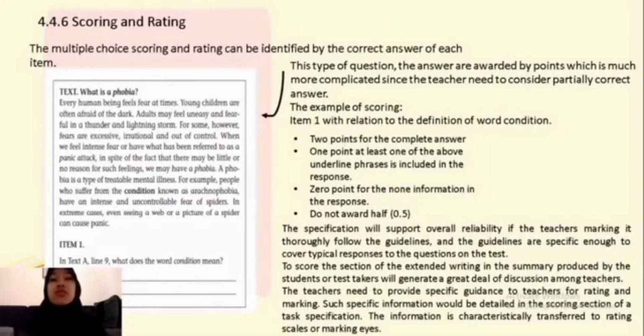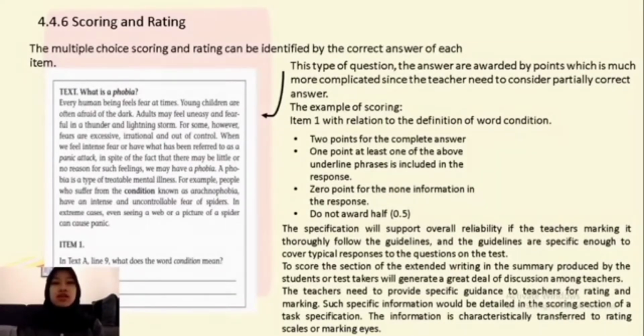For example, 2 points for the complete answer, 1 point at least if the underlined phrases are included in the response, and 0 points for no information in the response. And do not award half, 0.5. The specification will support overall reliability if the teachers marking it thoroughly follow the guidelines and the guidelines are specific enough to cover typical responses to the questions on the test.